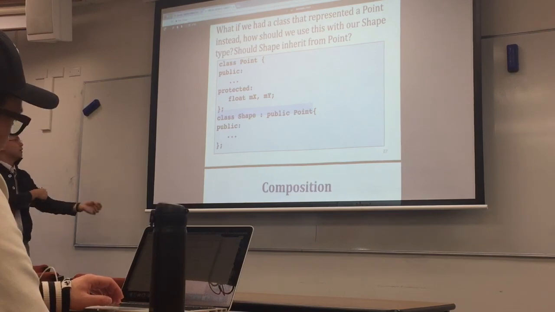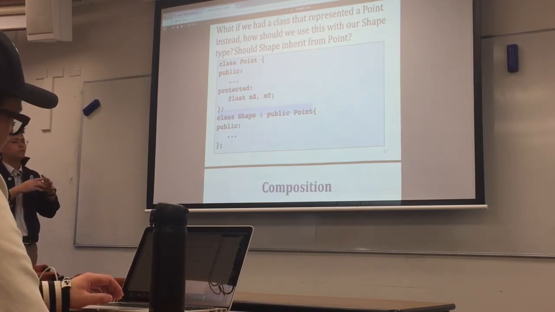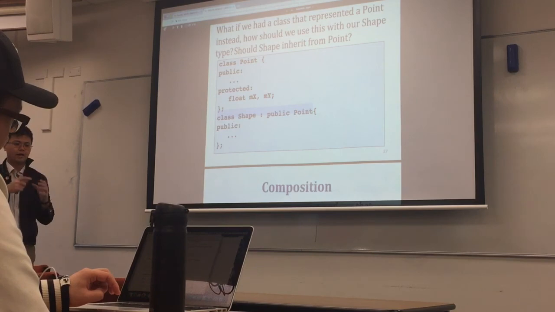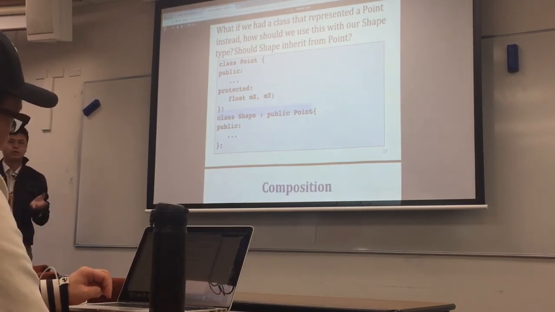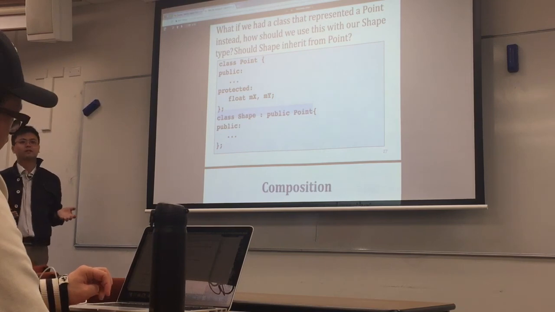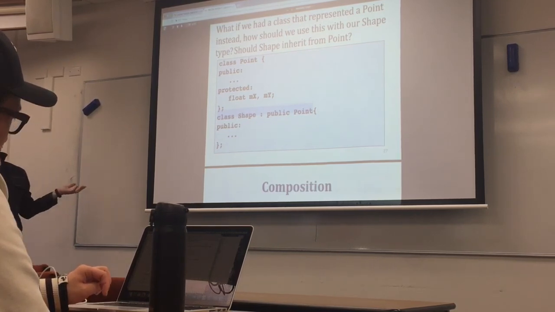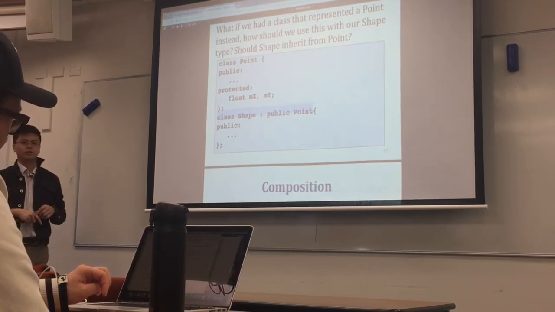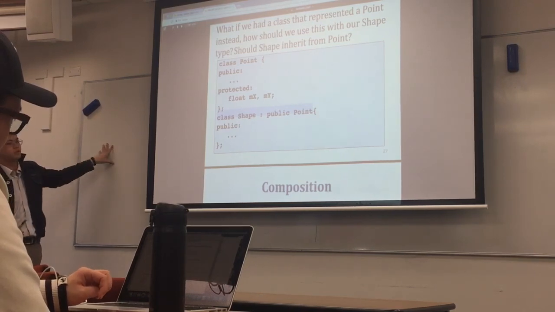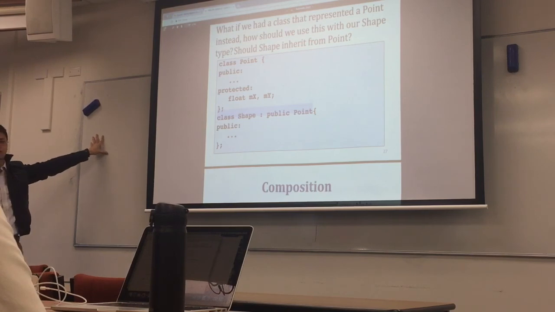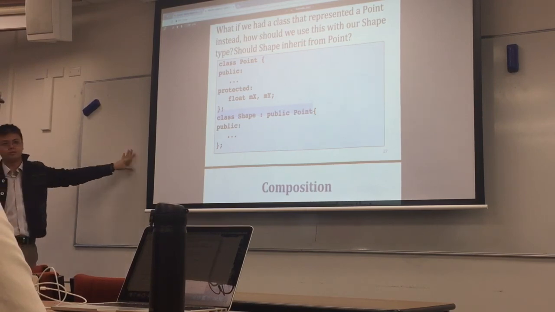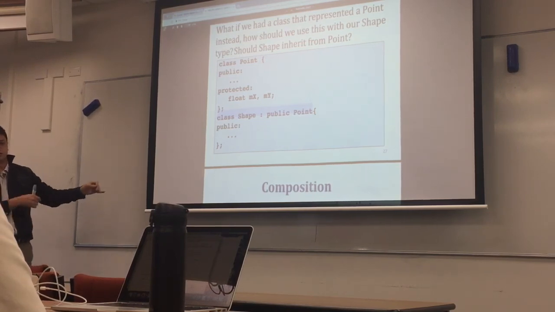It doesn't matter. But if you substitute the word house or office or public toilet with building, does the sentence still make sense? If it does, that's a good idea to make them inherit, because that signifies that a house is a building, a public toilet is a building, and an office is a building.